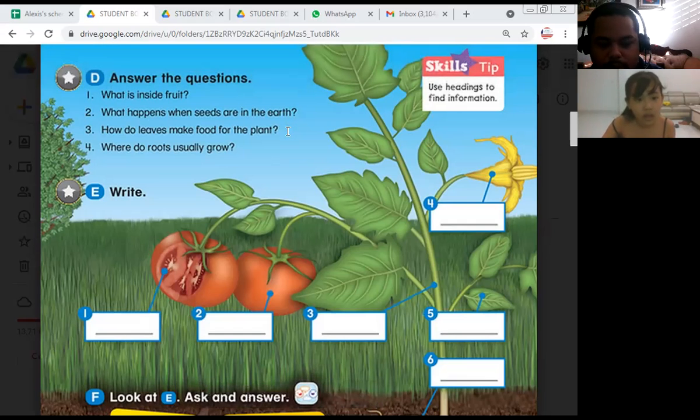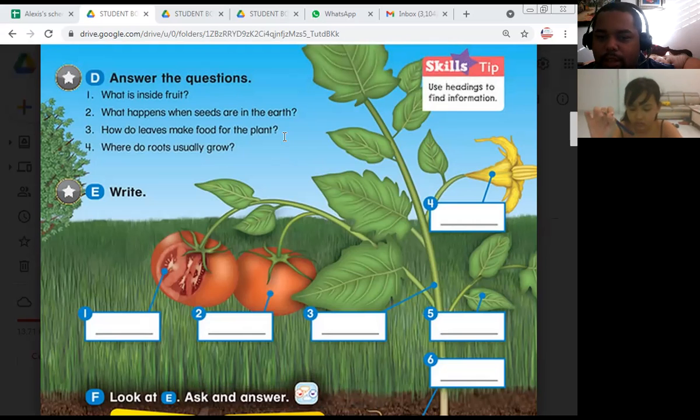The leaf uses the sun to make food for the plant. Okay, that is correct. They get the sufficient nutrients for the plants to survive.